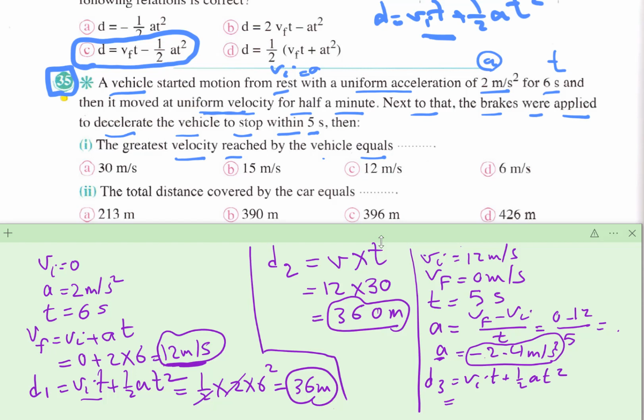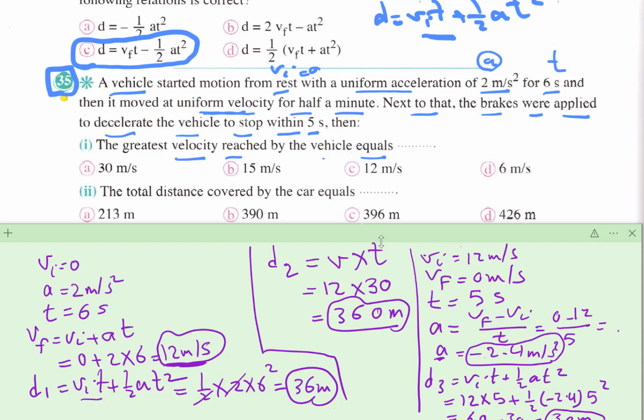V initial here is 12 times 5 plus half times the acceleration, negative 2.4, times t square, 5 square. So here is 60 minus 25 times 1.2. 25 times 1.2 means 30, right? So 30 meters.